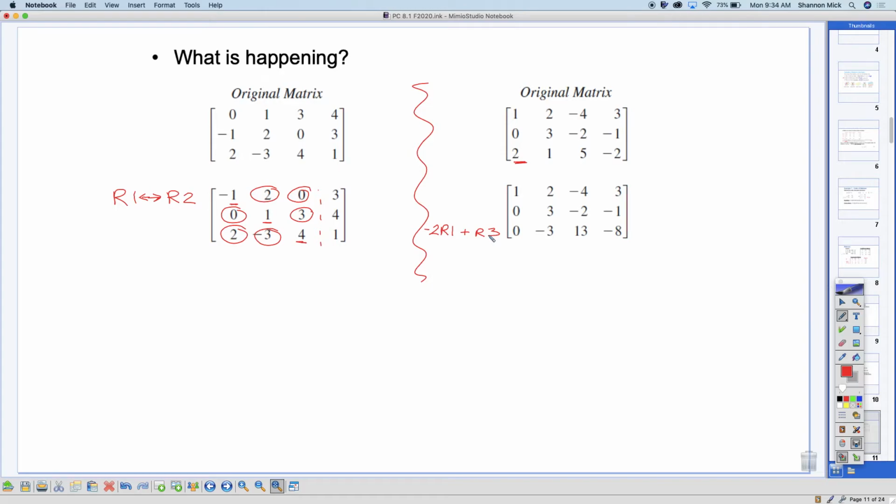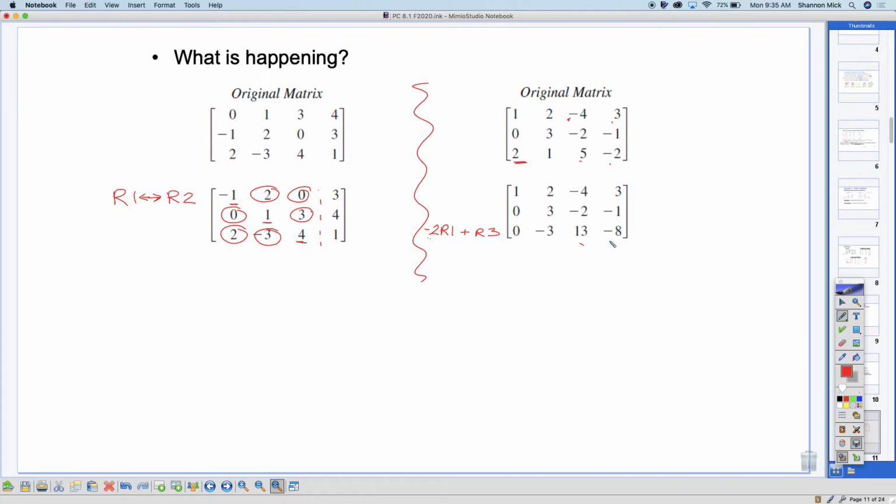Okay, well, -2 and 2 would be what? 0. And -2 times 2 would be -4, plus 1 is -3. -2 times -4 would be 8, plus 5, 13. -2 and 3, -6, and -2, -8.